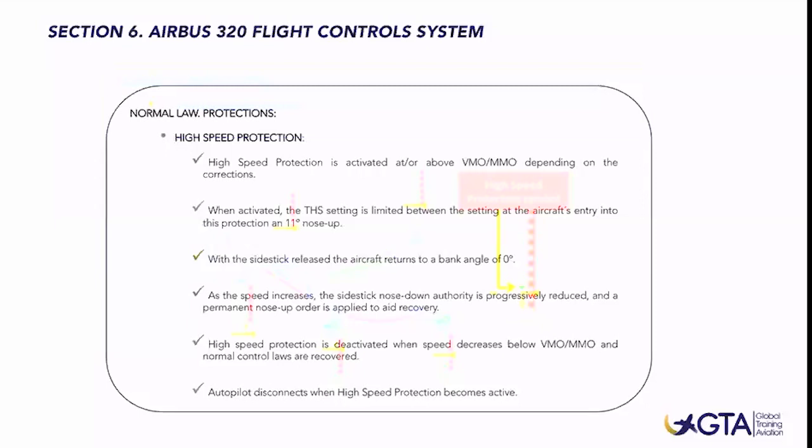Imagine that we are flying at flight level 380, and suddenly we get a strong tailwind, or the tailwind changes from 50 knots tailwind to 100 knots headwind. When we are approaching the VMO, MMO, the red strip, the first step is that the autothrust will reduce power just to avoid entering this area.